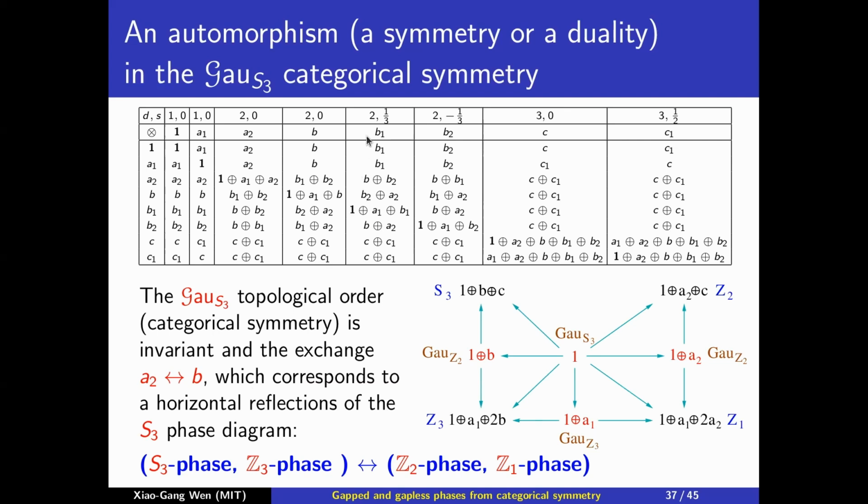Maybe this is another application, which I think is the easiest thing to do at this stage. If you look at these 8 anyons, we notice that A2 and B are very similar. They both have quantum dimension 2, both are bosons.